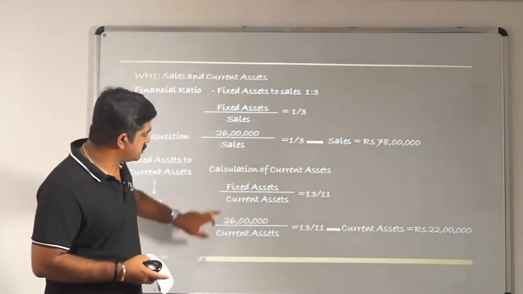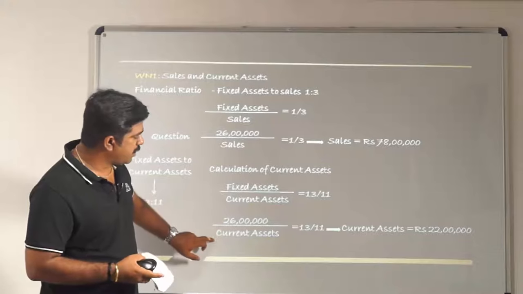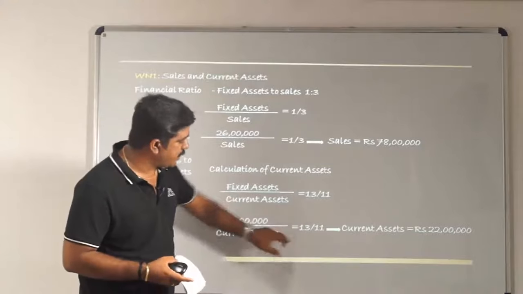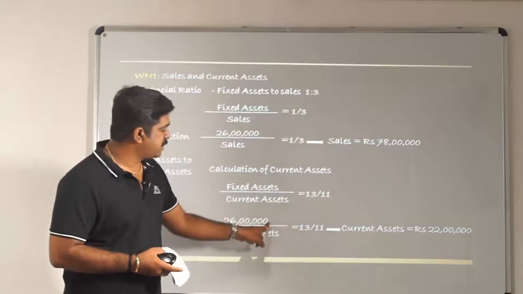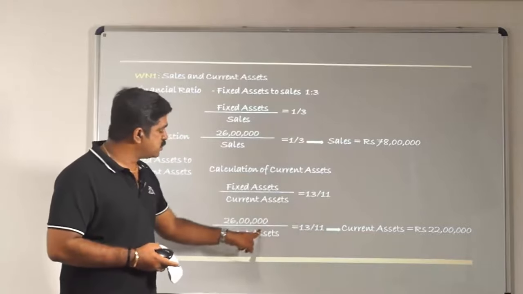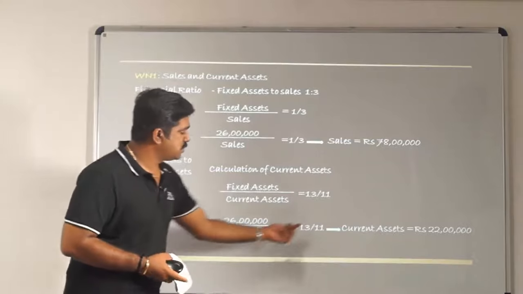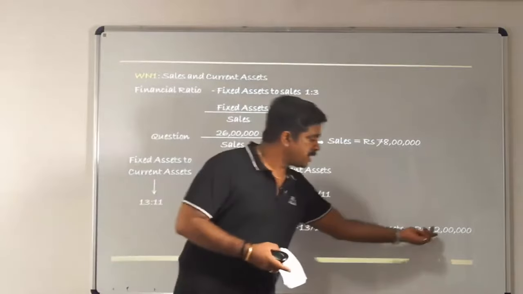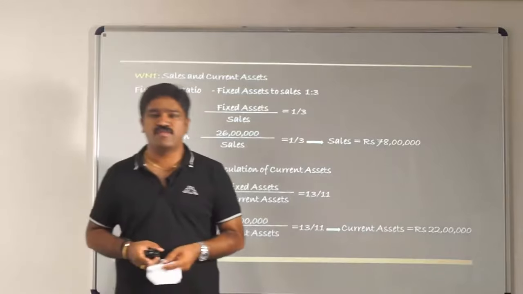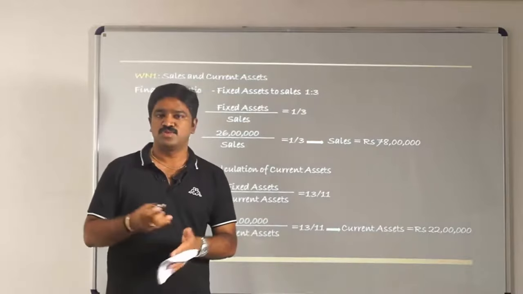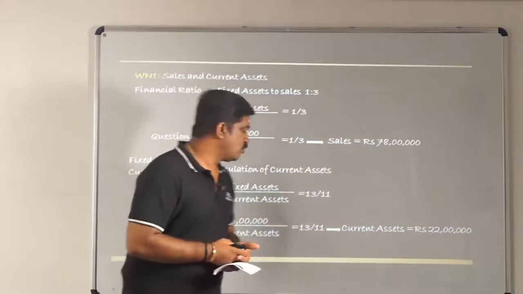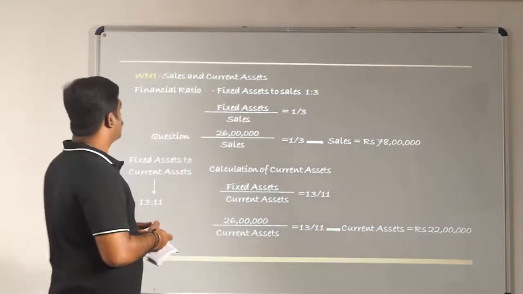We know fixed assets is 26 lakhs divided by current assets is equal to 13 divided by 11. I can transfer this 11 to the left hand side to the numerator and 13 to the denominator, and the current assets to the right hand side. That calculation gives the value of current assets, which is 22 lakhs, 2,200,000. In this way we get to know our current assets.